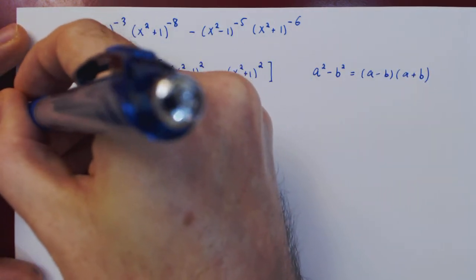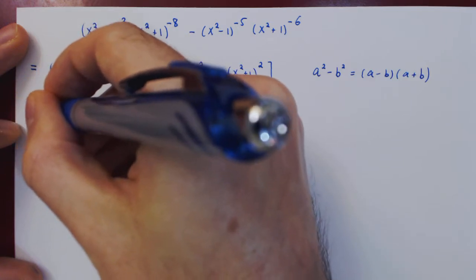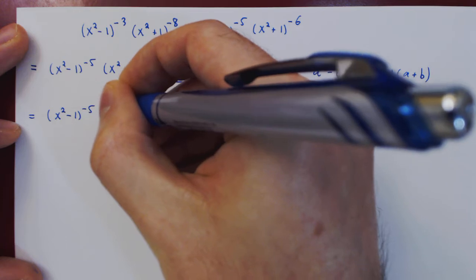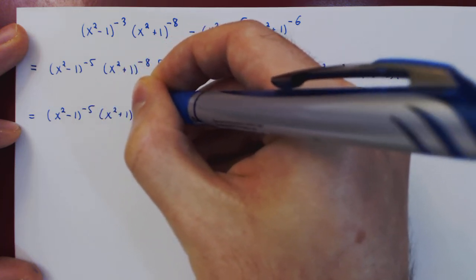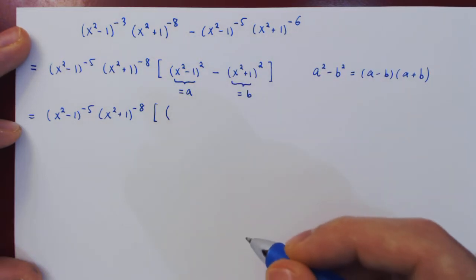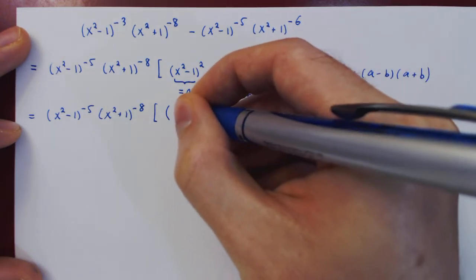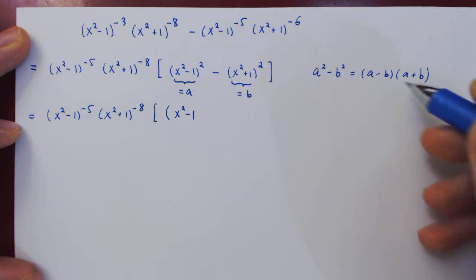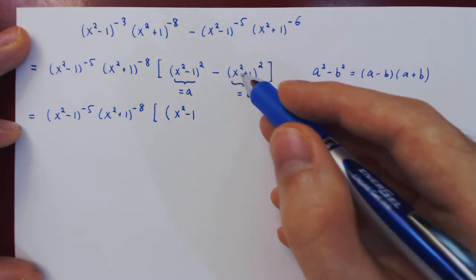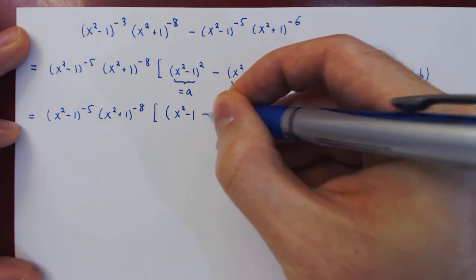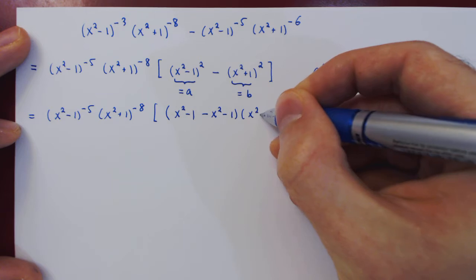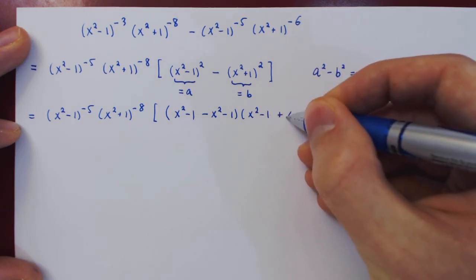So let's see what's left over. So first factor, a minus b. And we have to be careful that we are subtracting all of b. So this will give us negative x squared, negative 1. Then times a plus b.